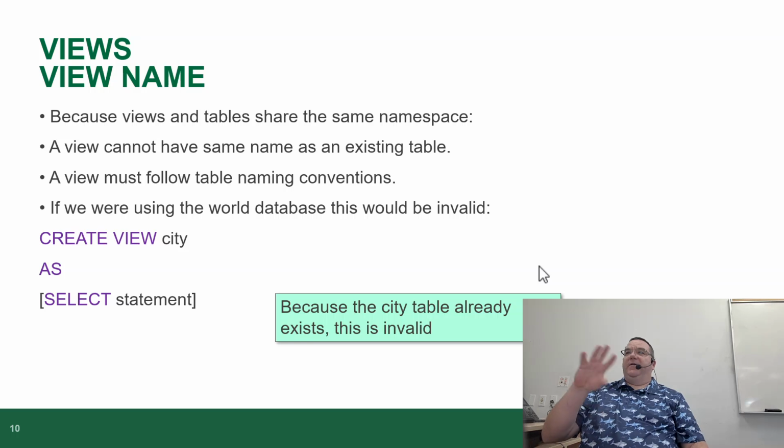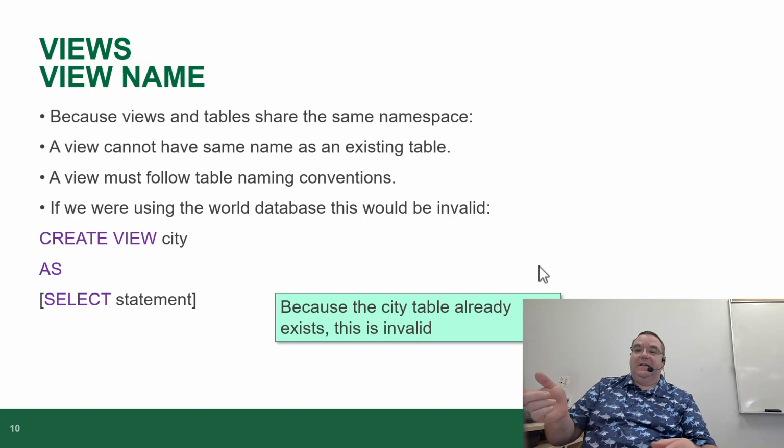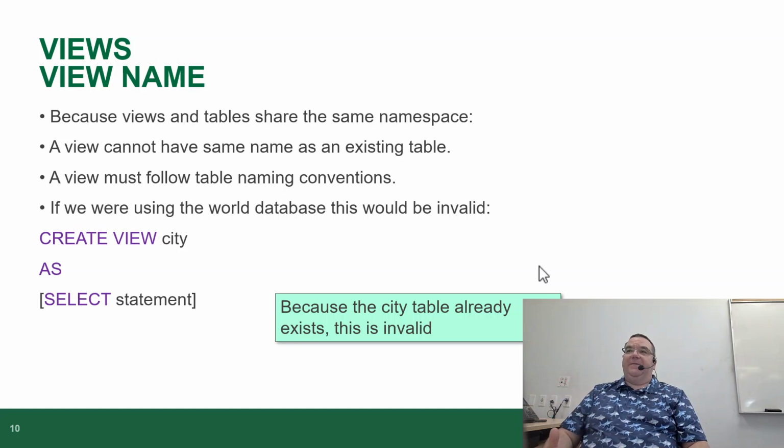You know how you have a variable inside of a function that's not accessible outside the function because it only exists inside the function? That's called a scope. In a database, the namespace is a scope. So basically, views and tables share the same scope as far as naming goes. Therefore, you can't have two objects with the same name.